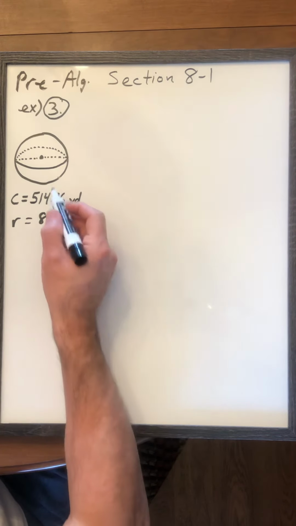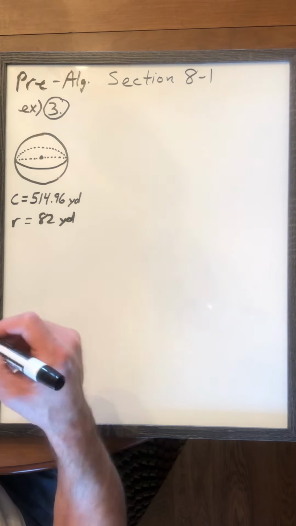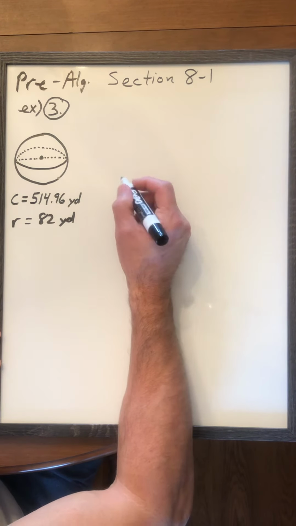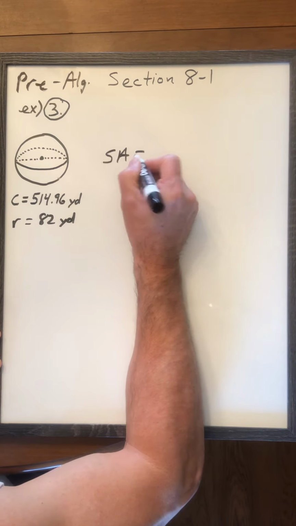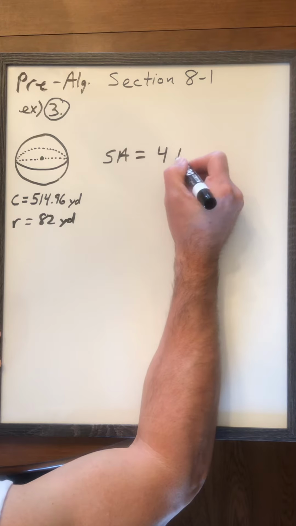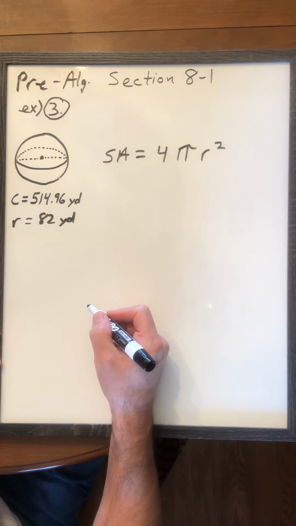So to find the surface area of a sphere, we have to know the formula. And in order to start the problem, we need the formula. So you always write the formula down first. Surface area equals 4 pi r squared.